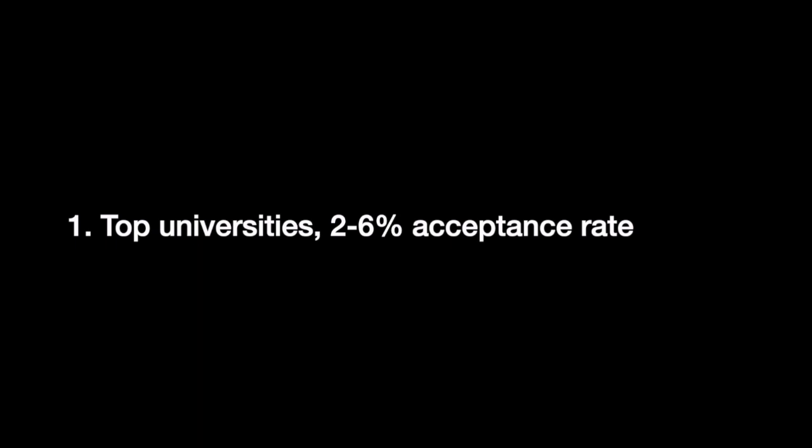The first category is of universities which are sort of top in their field. So these are universities that you would ideally want to get into, but they might have very low acceptance rate, and so getting into them might be very competitive. So put all such universities as category one.